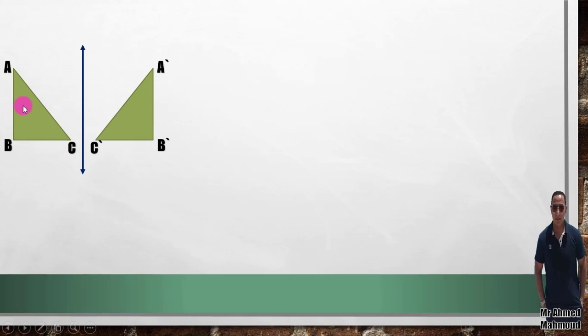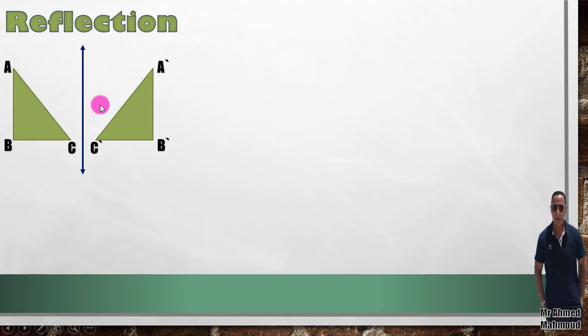If this triangle is standing in front of the mirror, and this is in back of the mirror, or its image, this is called a reflection. So in the reflection, the image of an object appears on another side, and the axis looks like the mirror. The axis may be in this direction or in any direction.